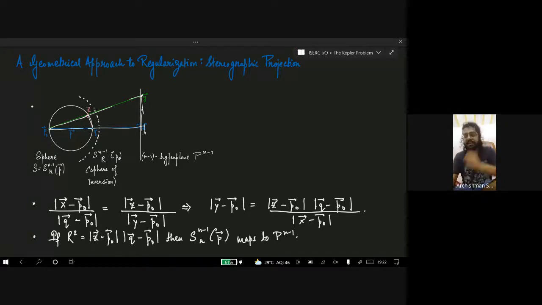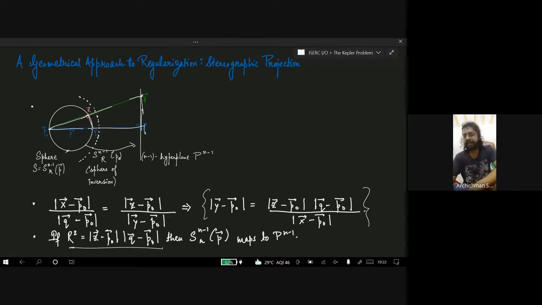So if I consider this ratio, I can express y minus p0 in this particular form. And then if I choose R such that R squared satisfies this particular criterion, then the sphere of radius small r maps to this particular plane under inversion.